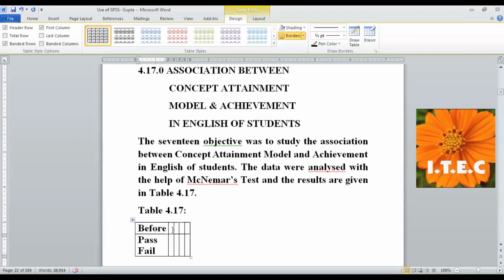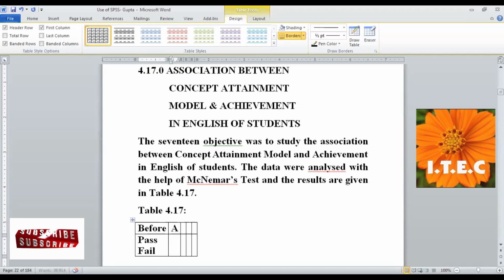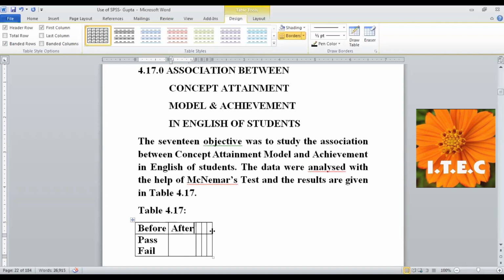Now you have after. So there should be one more column.